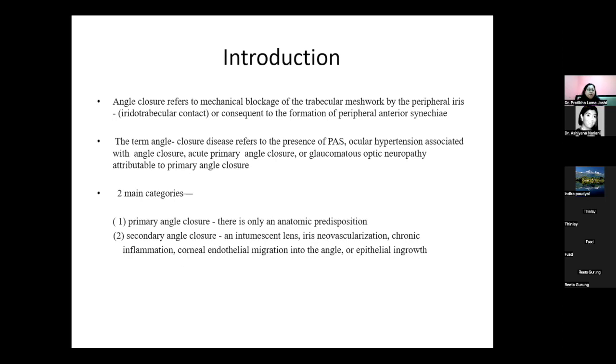Angle closure refers to the presence of peripheral anterior synechiae, ocular hypertension associated with angle closure, acute primary angle closure, or glaucomatous optic neuropathy. There are two main categories, primary angle closure and secondary angle closure. Primary angle closure is due to anatomic predispositions, and secondary angle closure is due to various conditions in the eye.